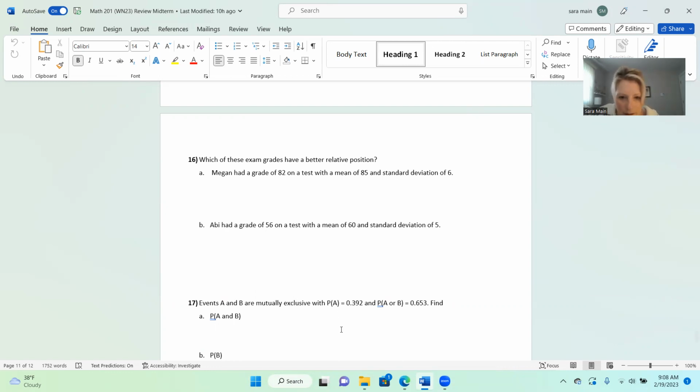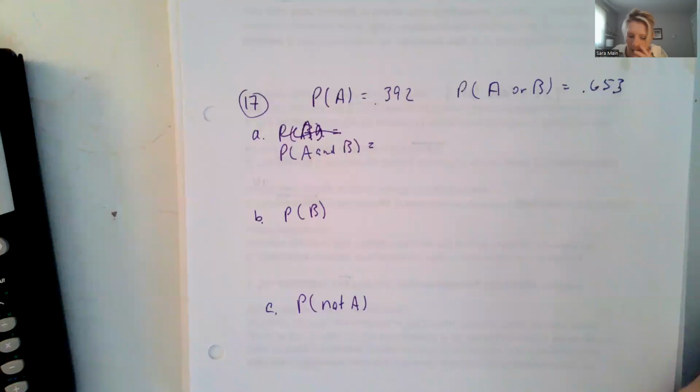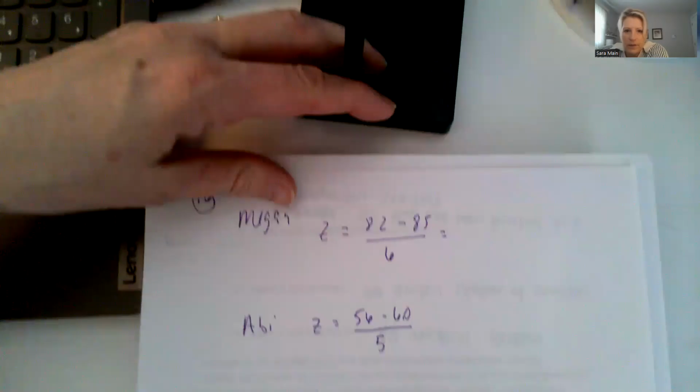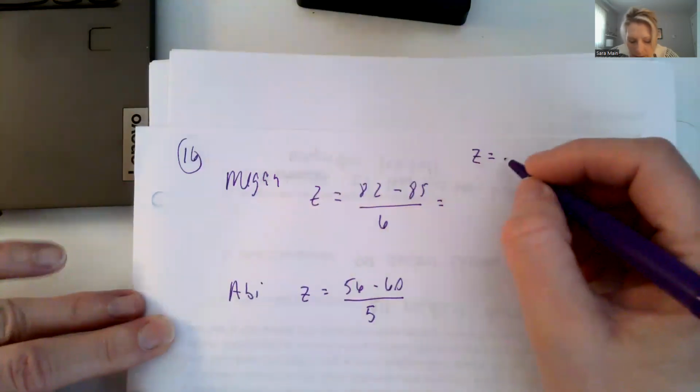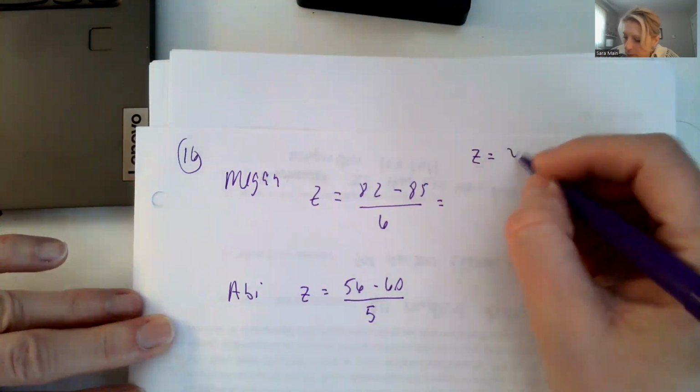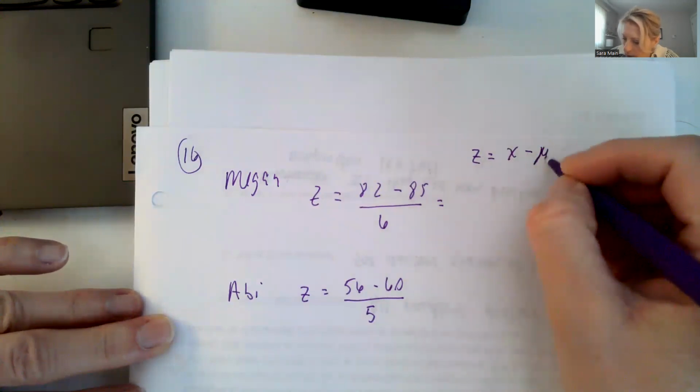So I'm going to take you to my paper so we can go over again the formula for z-score. So the z-score is the average number of standard deviations an observation is above or below the mean.